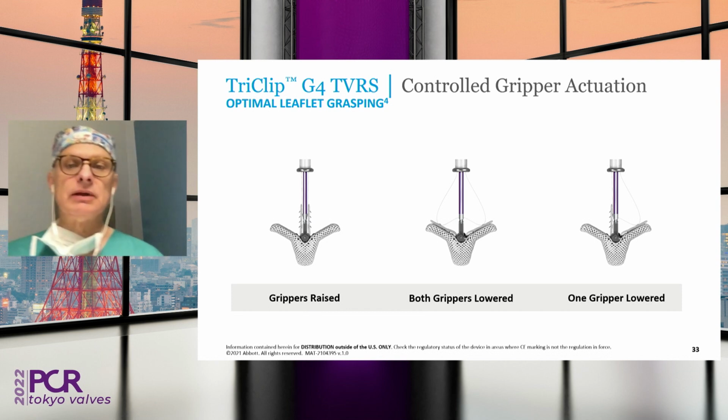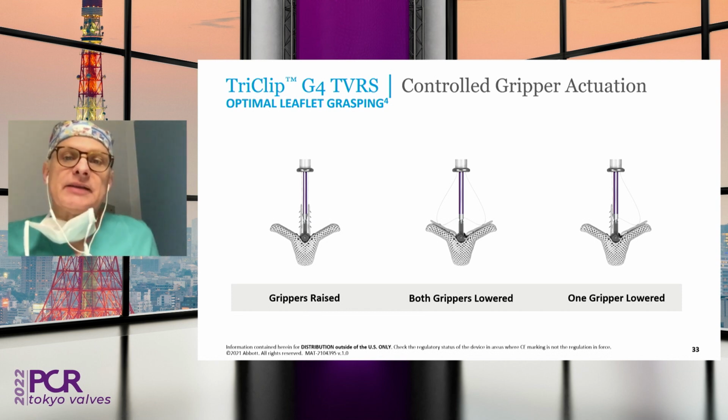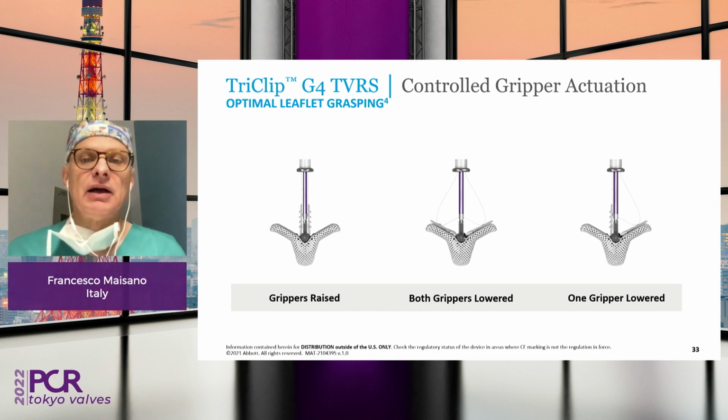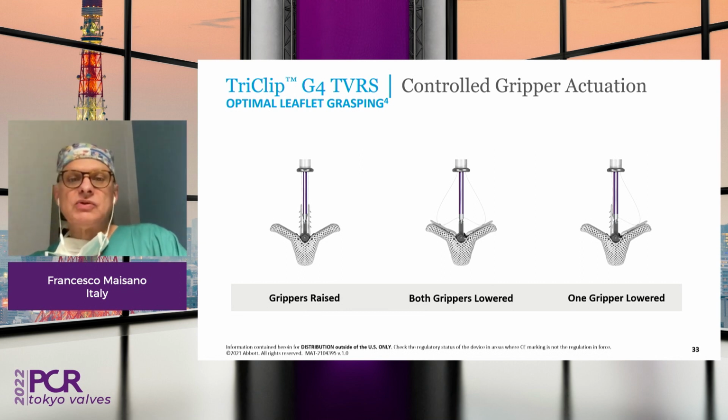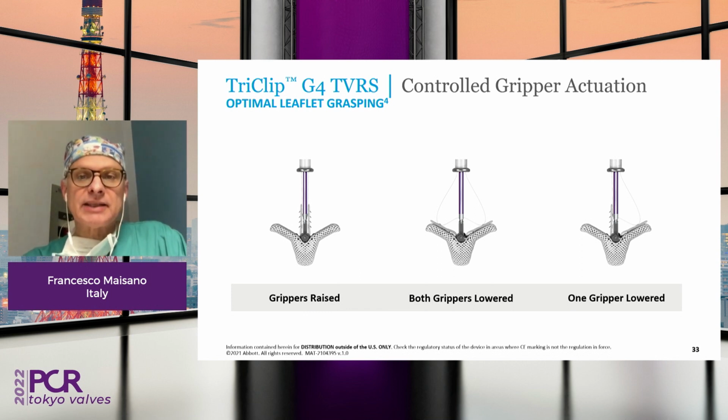So in this slide, you can see that there are some different technologies which are applied now in the TriClip G4. Obviously, one of the advantages is the independent grasping.